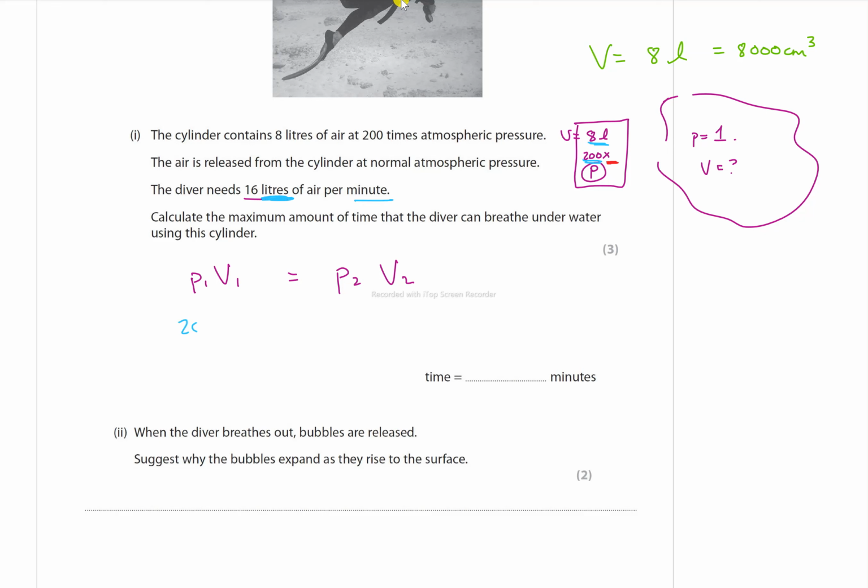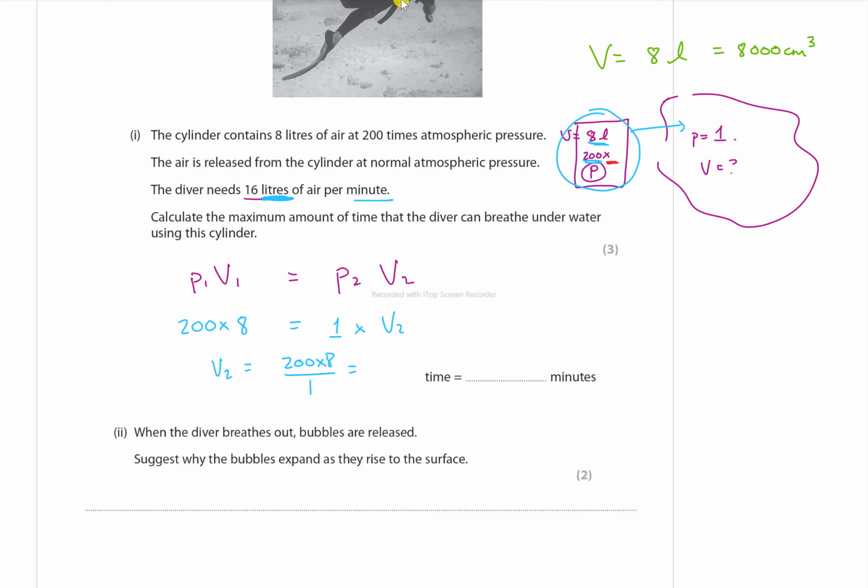So we've got 200 times 8 equals, we know the pressure is going to be 1 and we need to work out the volume of air. So if this leaked and spread out, what volume would it take up? That's what we're trying to do. So we write V2 is 200 times 8 divided by 1. We're just doing it for completion's sake.